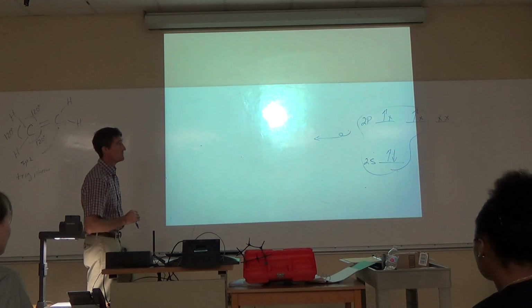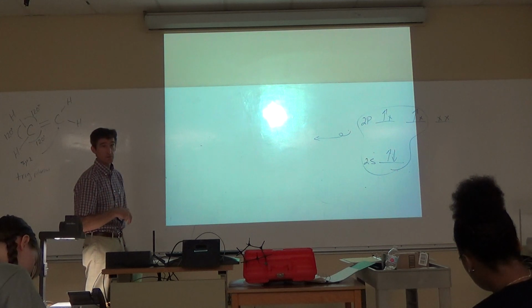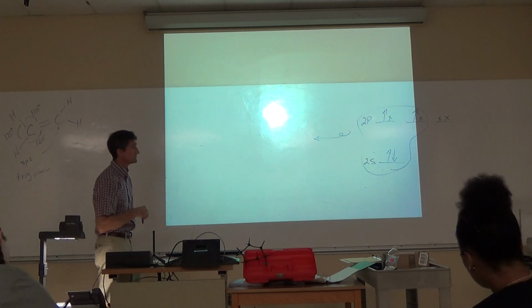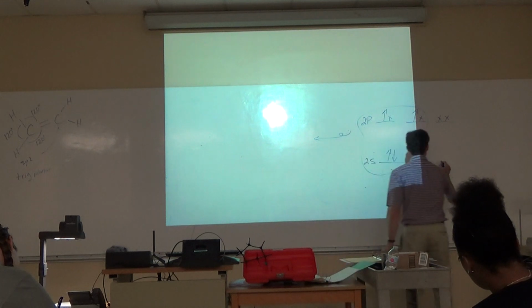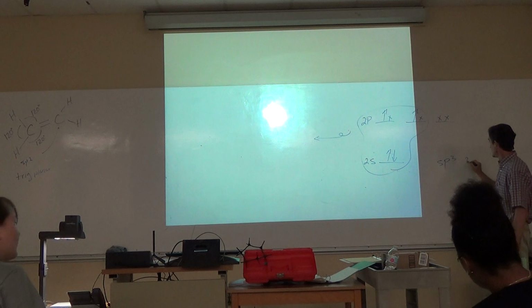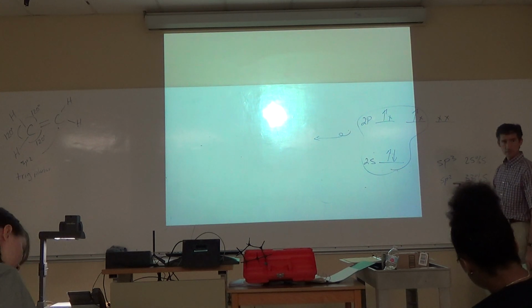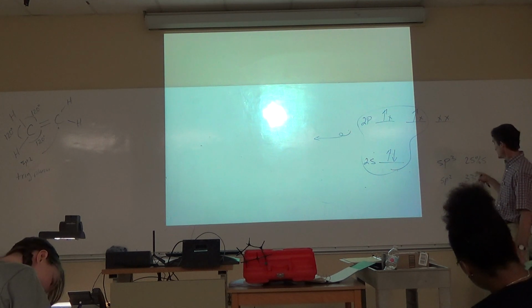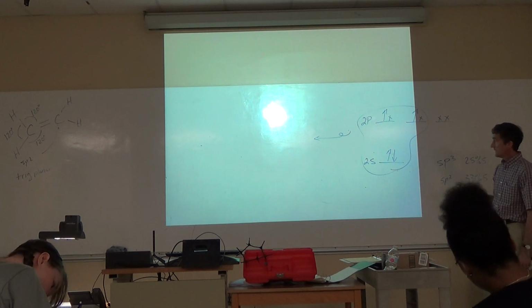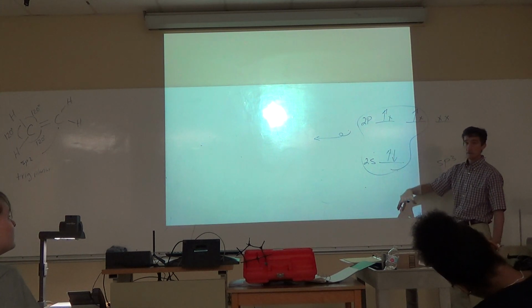Because there's less p character, or what we'll say is more s character. sp3, what percent s is this? 25% s. We're going to do sp2 here, and this is going to be what percent? 33. Yes. More s character. The hybrid's going to look more and more like s. Thus, it's going to be lower in energy, more stable. So these are going to be lower energy, more stable.